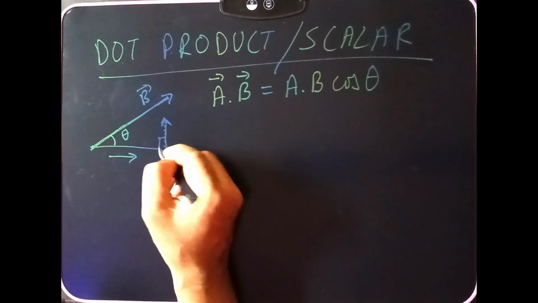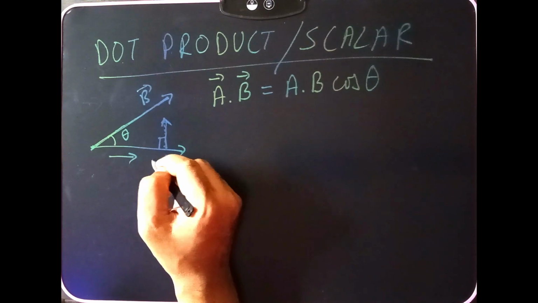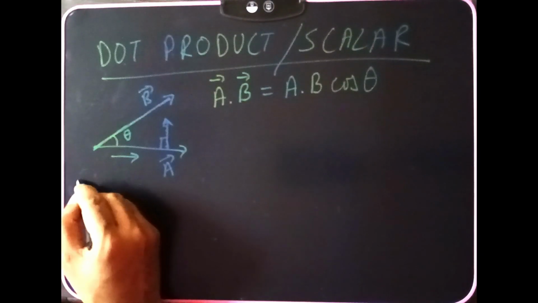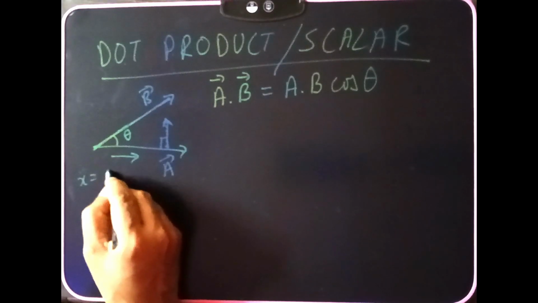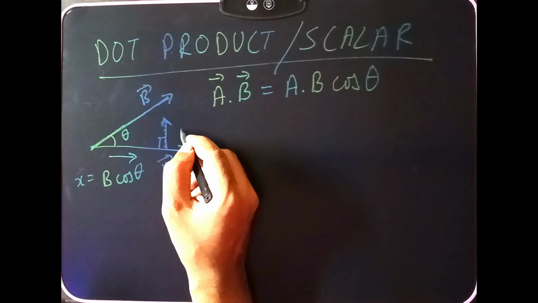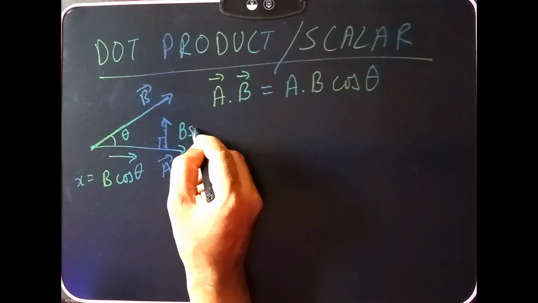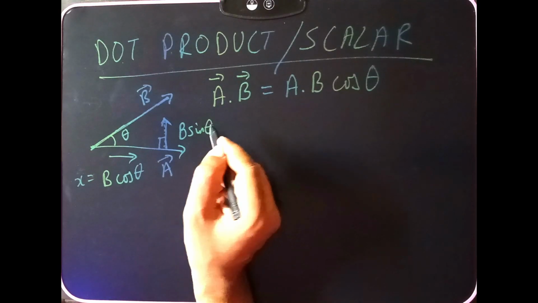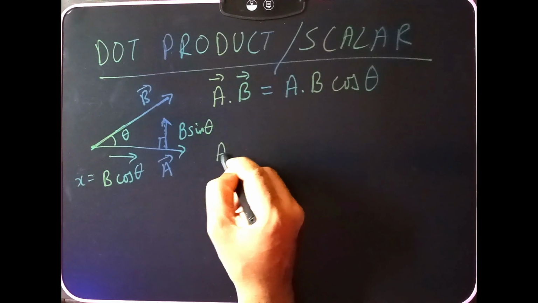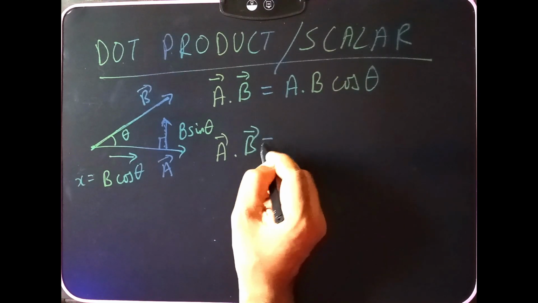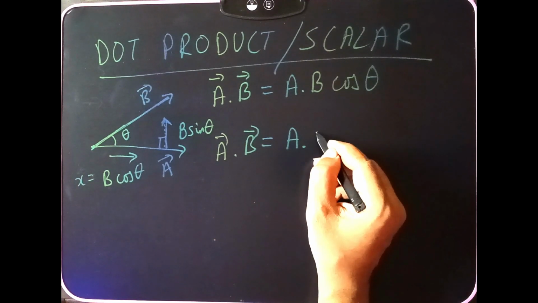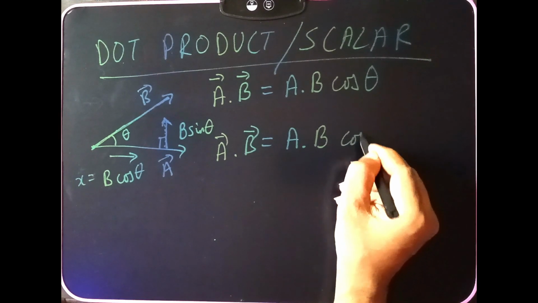This will be perpendicular to A and this will become parallel to A. So parallel to A component will be, this is on the x axis, parallel component will be B cos theta, and the perpendicular component will be B sin theta, right? So A dot B is given as A into the parallel component B cos theta.